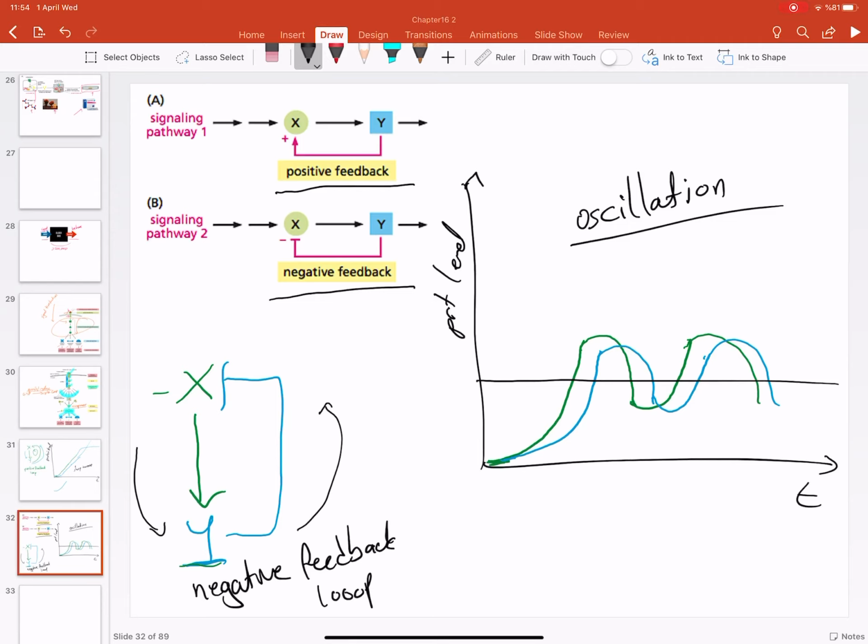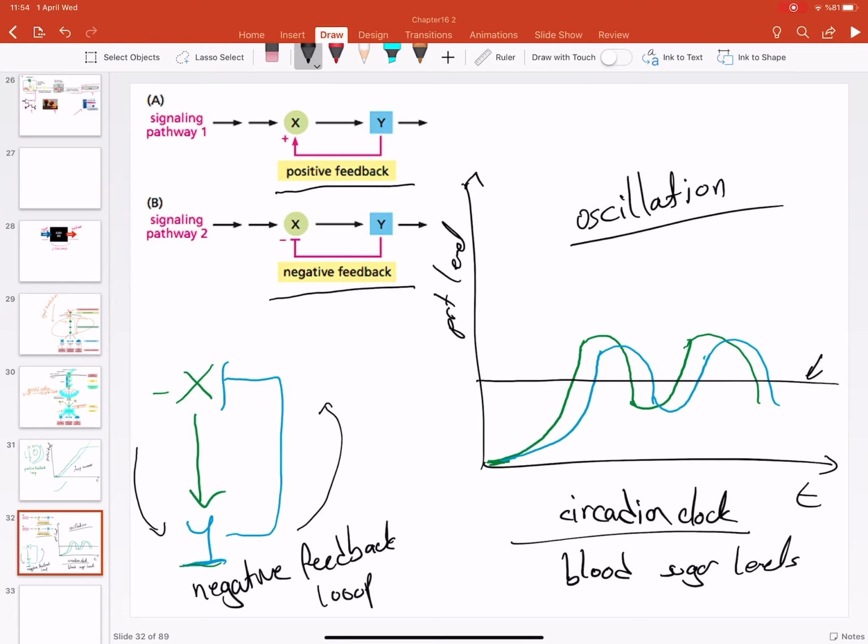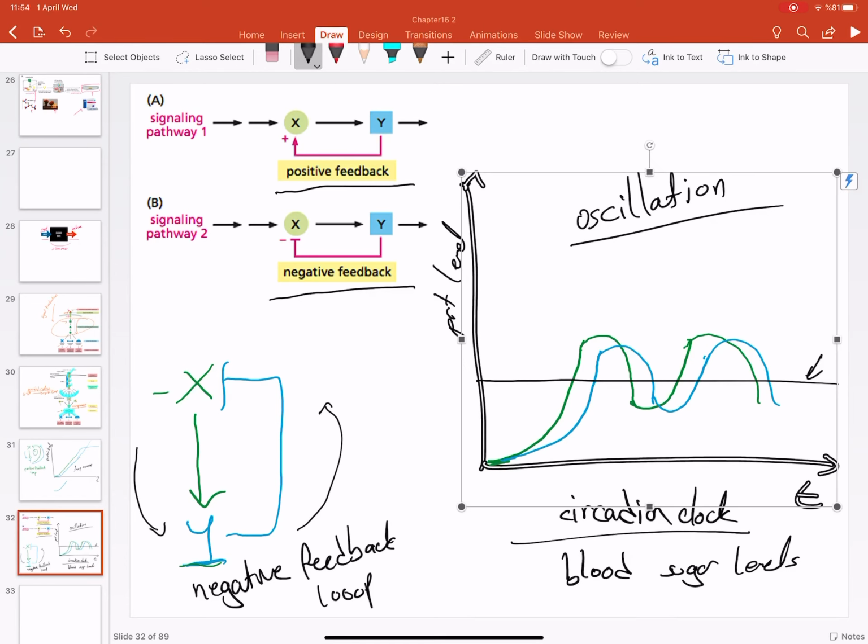And this oscillation is very helpful, especially for the circadian clock. If you want to go check, the circadian clock works exactly this way. And there are many things like the blood sugar levels that are controlled this way. They are kept at a steady medium level, because keeping things medium in a usable manner is also important.